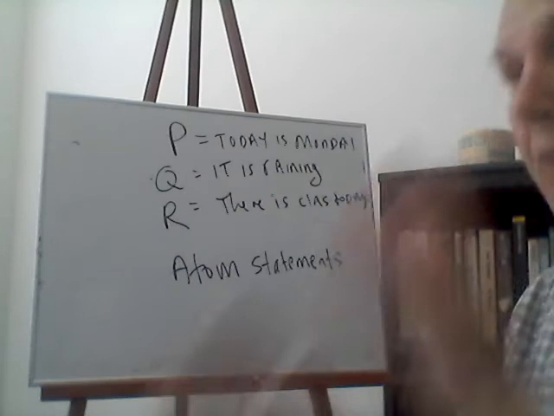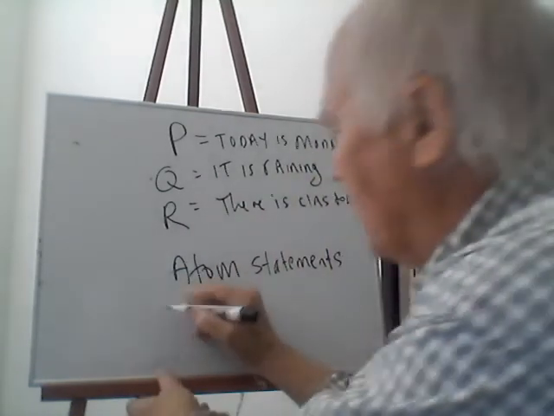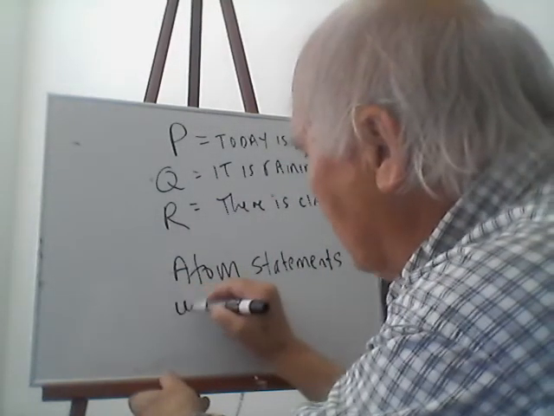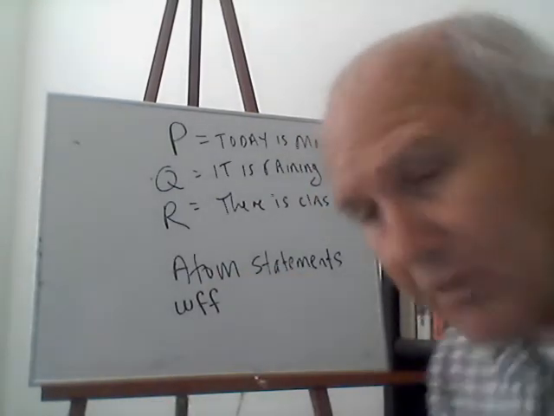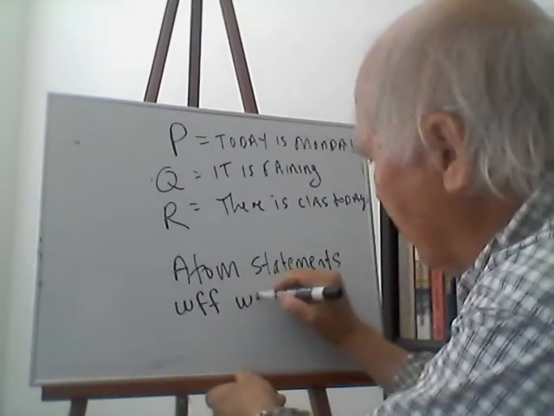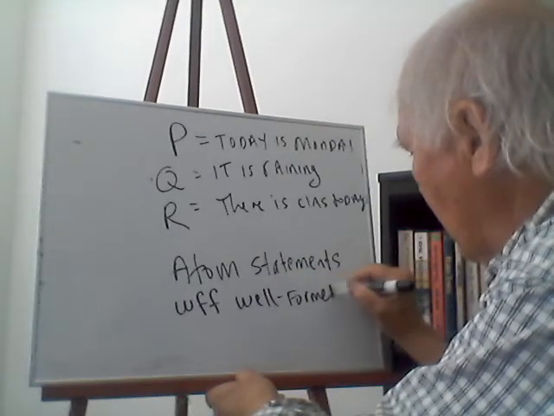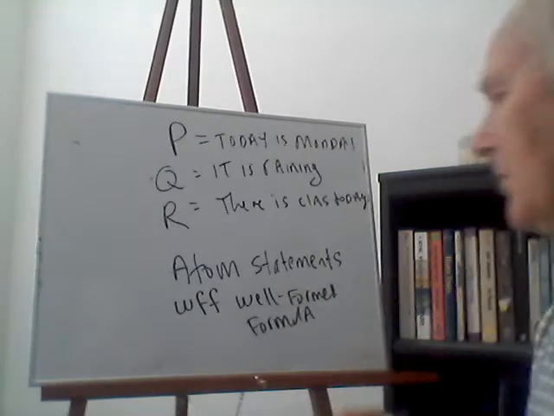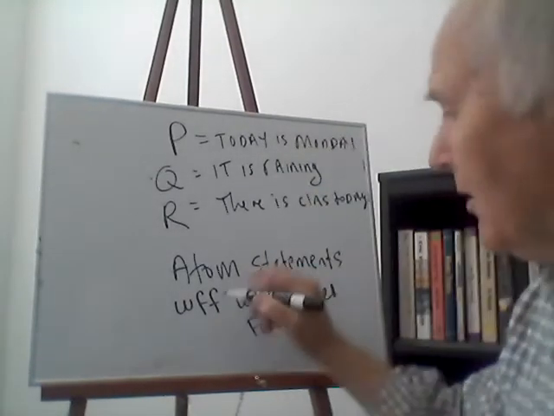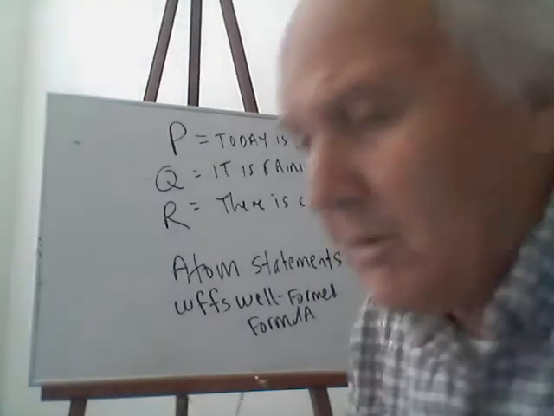I'm going to introduce a term now because it's going to keep coming up a lot: WFFs. A WFF is an abbreviation for well-formed formula, and if you have more than one, you have WFFs.